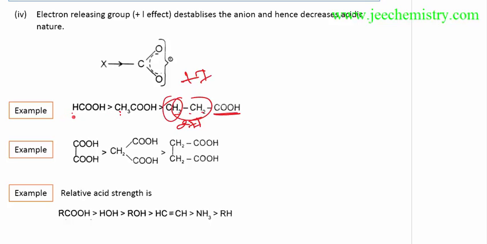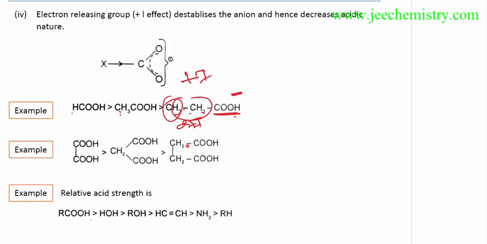This one doesn't have any group. So ethyl will provide more plus I effect. It will destabilize the carboxylate ion. As the negative charge forms on the conjugate base, it requires a minus M or minus I effect, an effect which withdraws electrons to stabilize this negative charge. But this is providing a plus I effect. The ethyl group and the methyl group will make it less acidic than the one that doesn't have any group. So this is the increasing order of acidic strength.